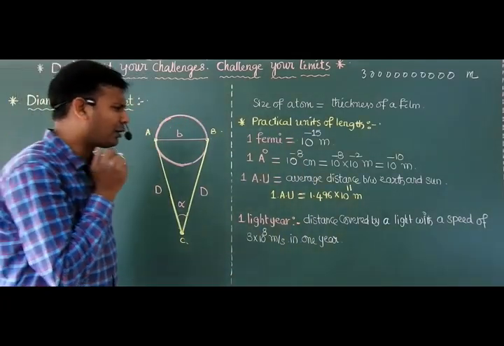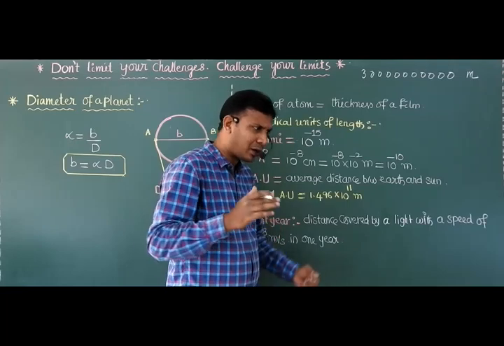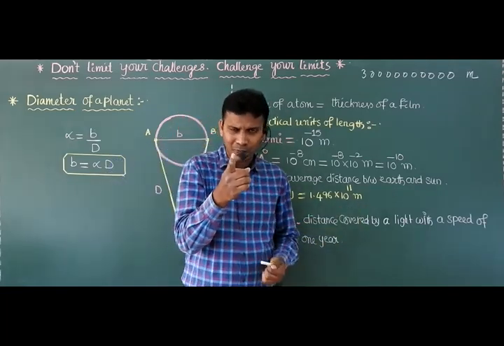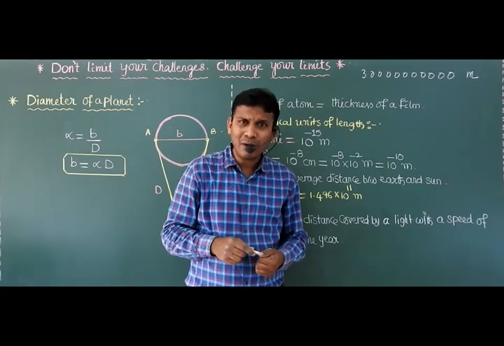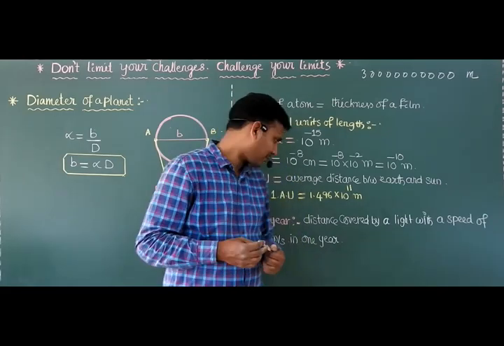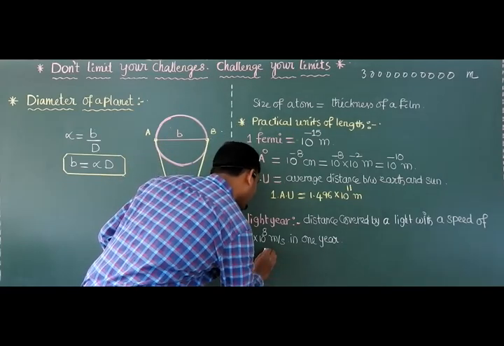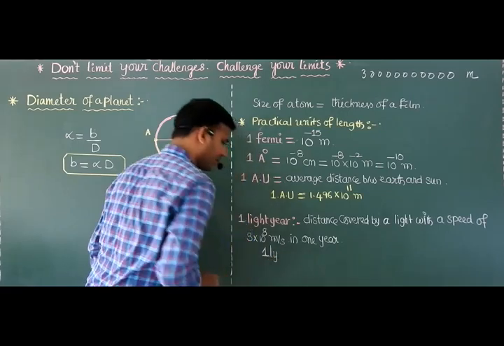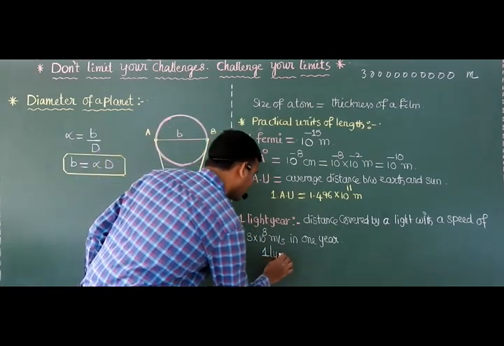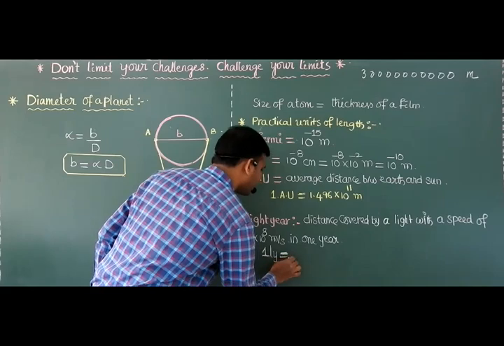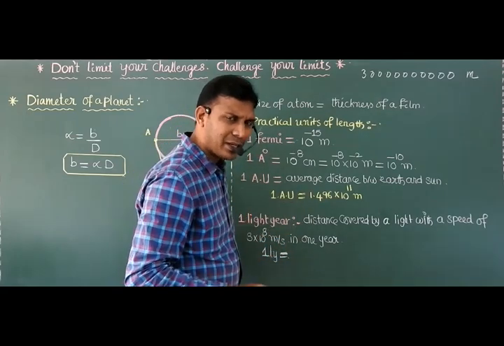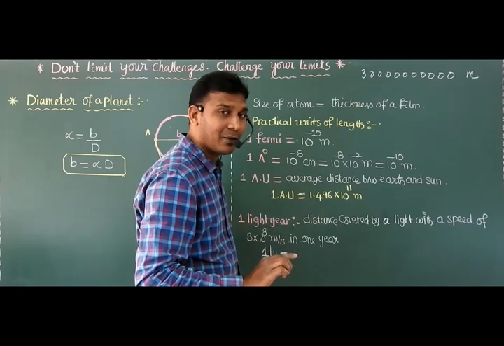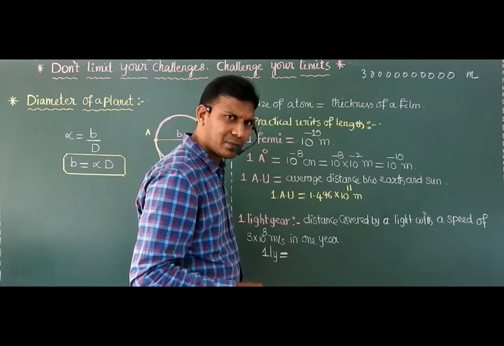So how to calculate the 1 light year value? In one light year, how much distance does it cover? You know the formula of speed. Speed is equal to distance by time. Then 1 light year, LY symbol, is the distance.